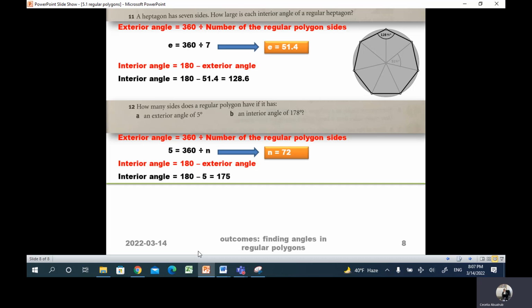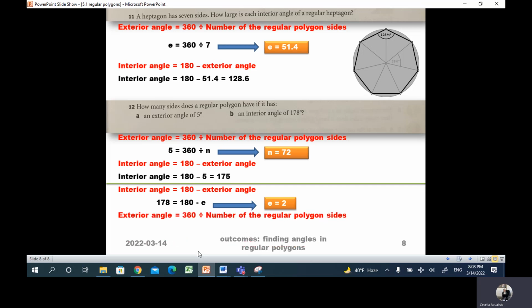In number B, they're telling you that I, which is the interior angle, is equal to 178. So I will write the formula, I is equal to 180 minus E, or I can say that if I want to make E the subject, E is going to be equal to 180 minus I. So if I substitute the given angle, which is I, in the formula, then I will find E as 2.